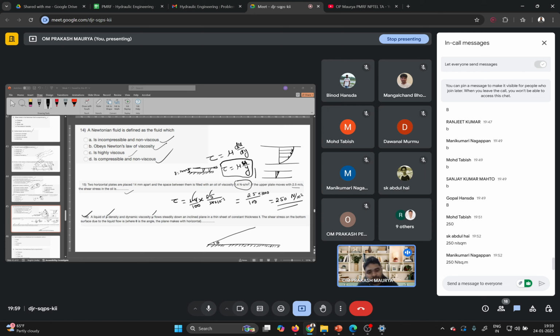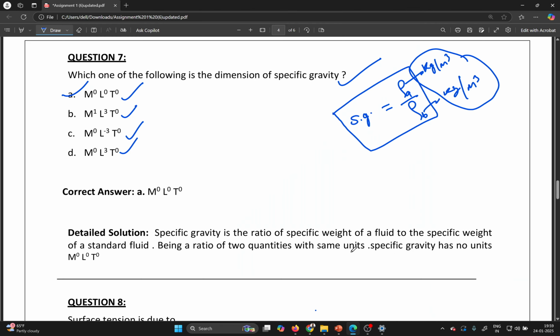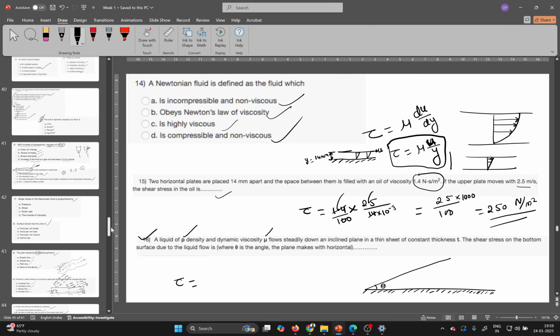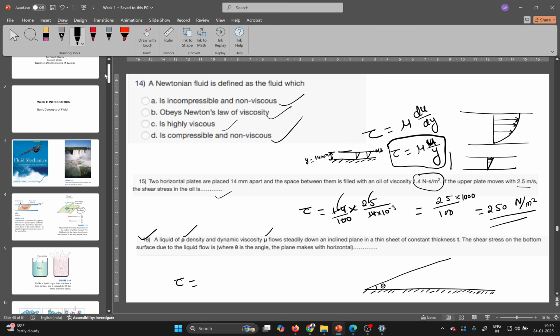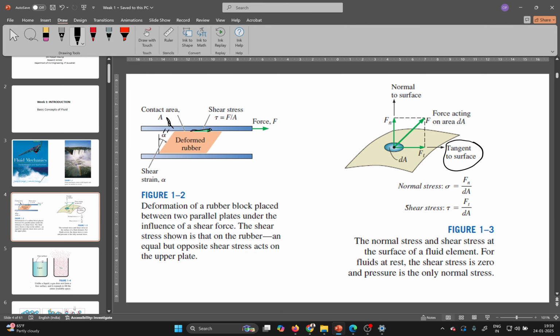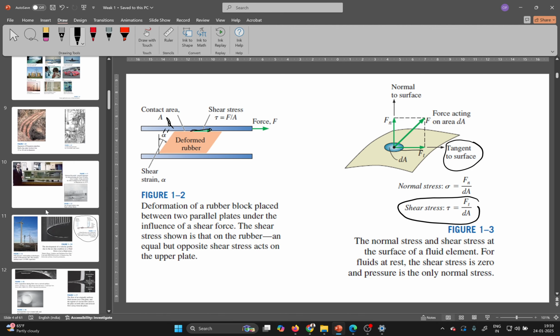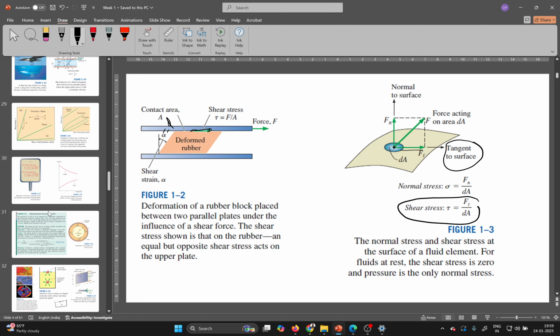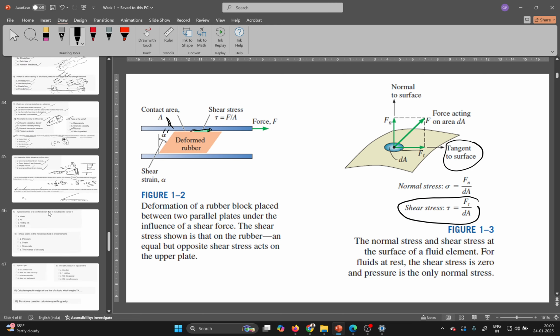Okay, let me discuss. Your shear stress is nothing but, as I have already shown you in the first figure, the tangential force along the surface of your body. So here also you first need to calculate the tangential force on the surface, then divide by area.